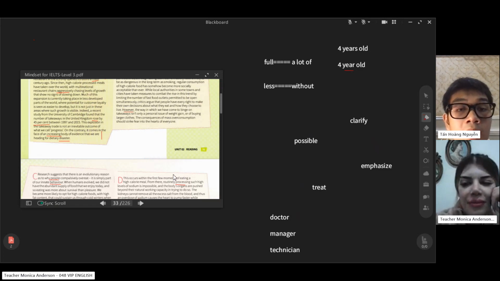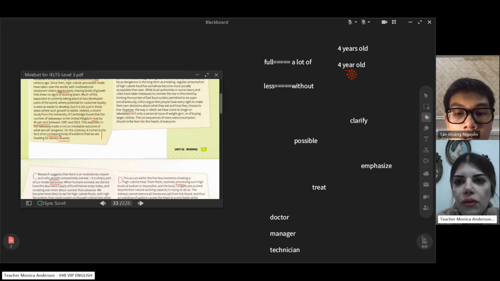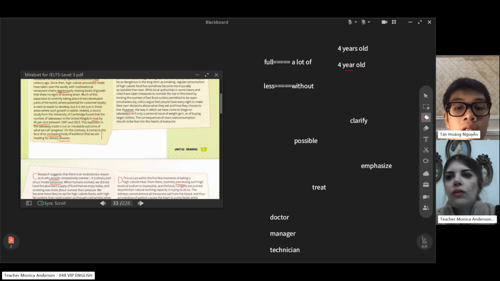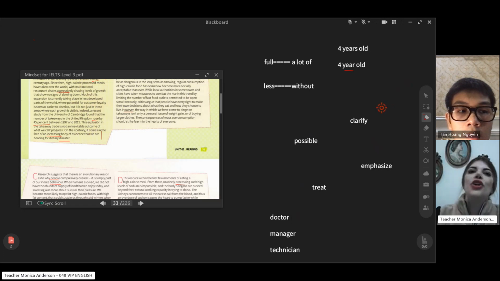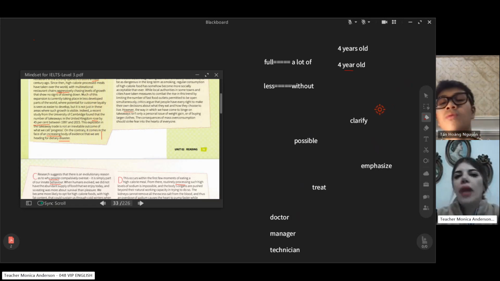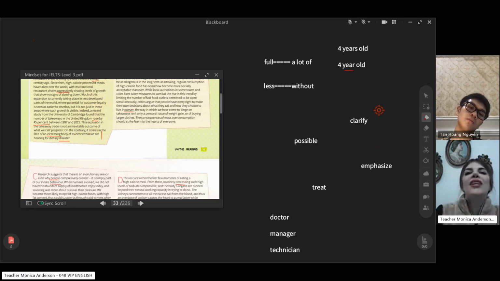But can you give me a sentence where the second one is correct? The second one, 4-year-old? Yes, a sentence that contains this. For example, I am 38-year-old. I don't say I'm 38 years old. If I say it, it's okay, but I don't normally say it because year here is used as an adjective. So year old and years old are both correct, and we normally say year old, but you've heard years old and you can use it.